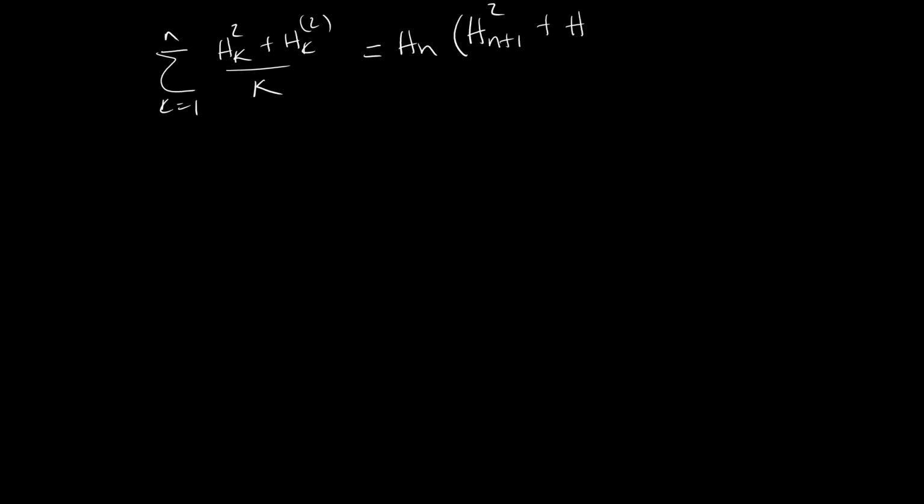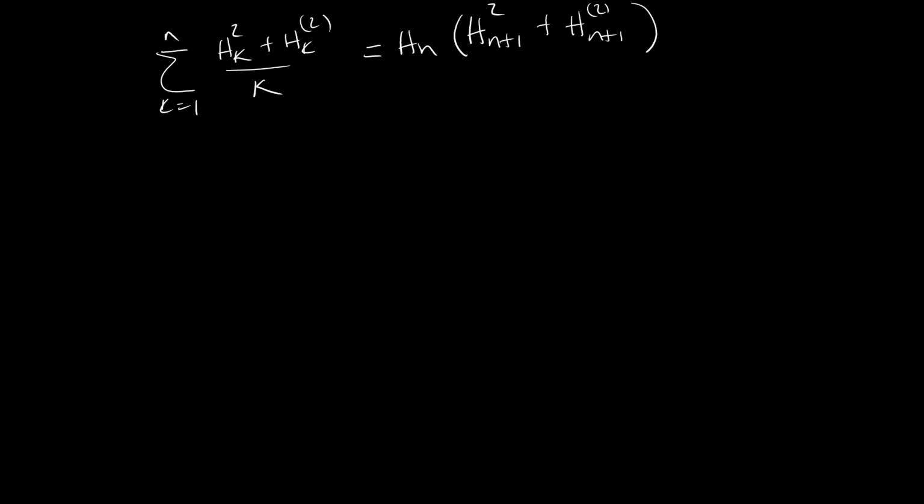Then what happens is that now our summation from k equals 1 to n of H_k squared, let's focus on that for now, is equal to capital A_n, which is going to be H_n, times b_{n+1}, which is H_{n+1} plus H_{n+1} squared in brackets.